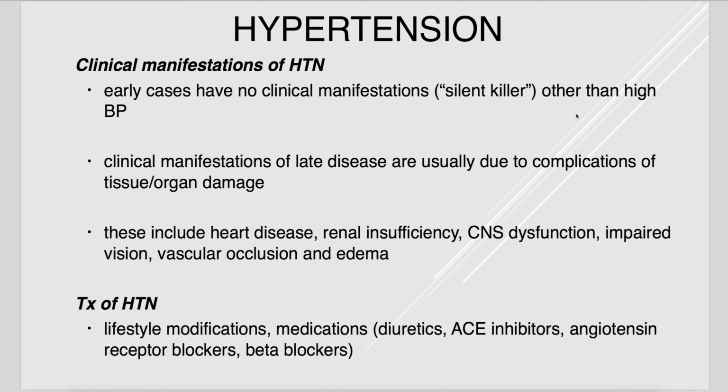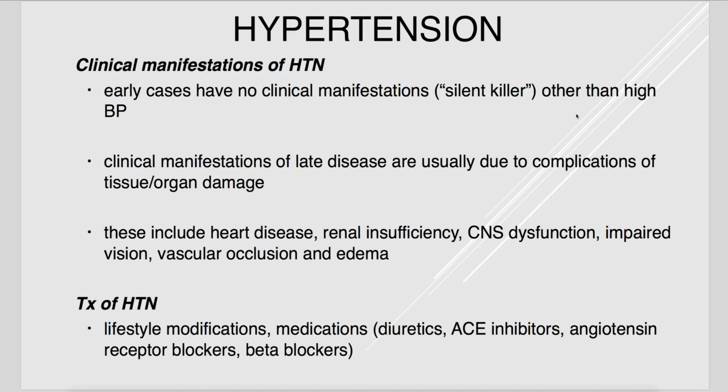So clinical manifestations of hypertension: typically none, at least early on, but as it continues, people may see changes in vision, heart disease, because the heart is working harder to push against this greater pressure, and problems with the kidneys.